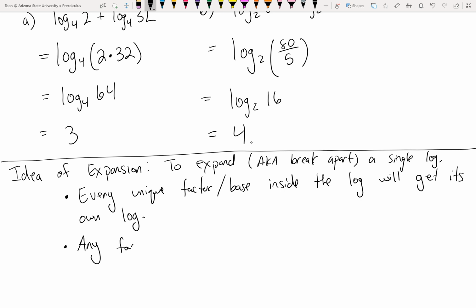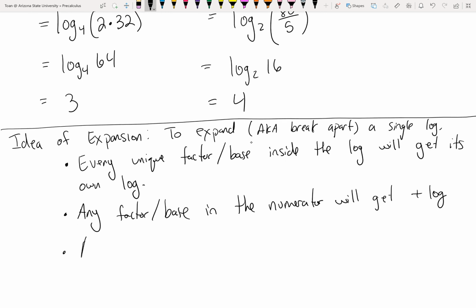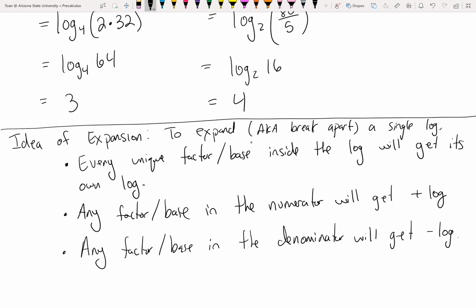Any factor or base in the numerator will get a positive log. Any factor or base in the denominator will get a minus or a negative log.